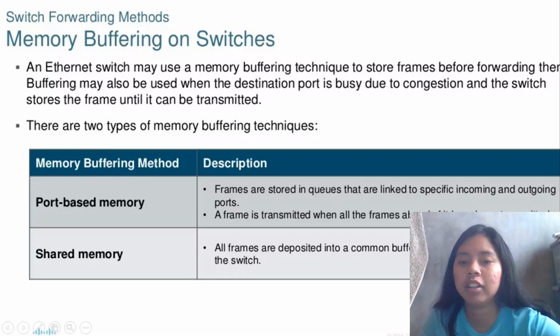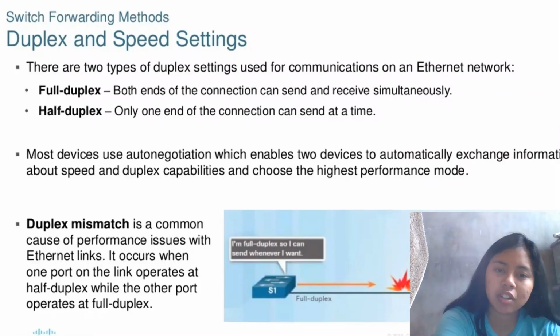Duplex and speed settings. Duplex has two types: full duplex and half duplex. In full duplex, both ends of the connection can send and receive simultaneously. In half duplex, only one end of the connection can send at a time.